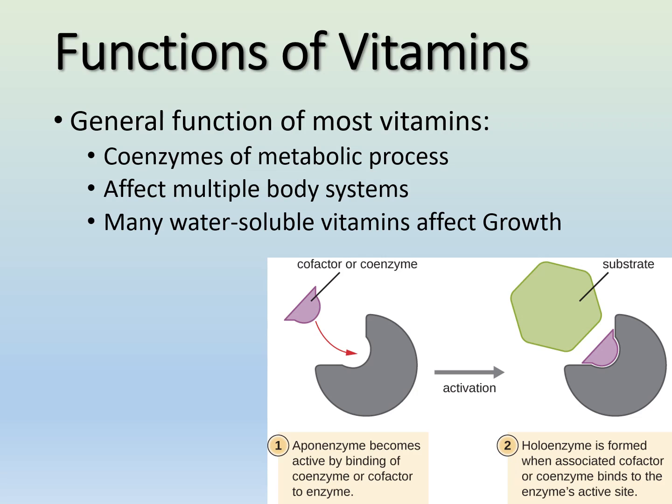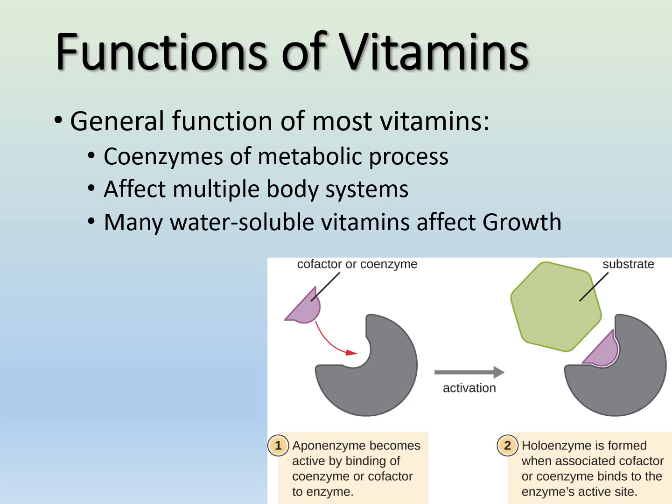So now let's get into some of the general functions of vitamins in our body, and then we'll touch a little bit on the specific functions of each of the different vitamins. But these are kind of the big picture things. So vitamins definitely play a big role in metabolic processes. What they usually act as are coenzymes.